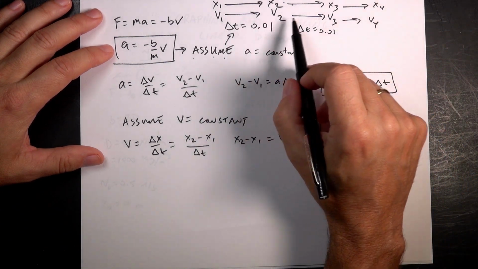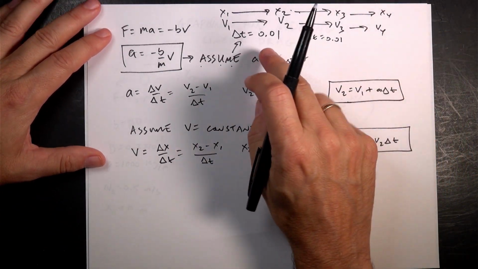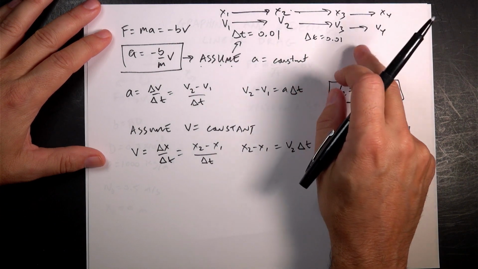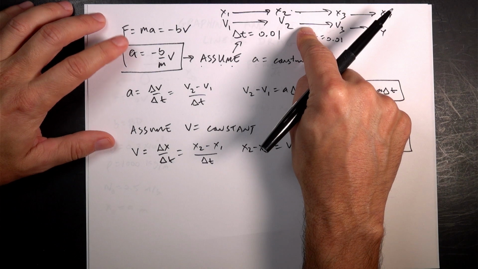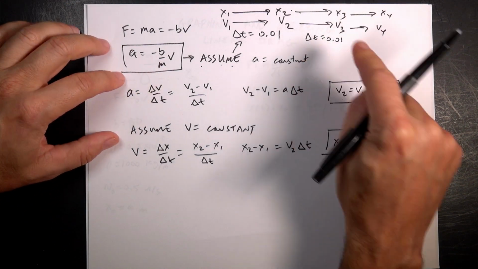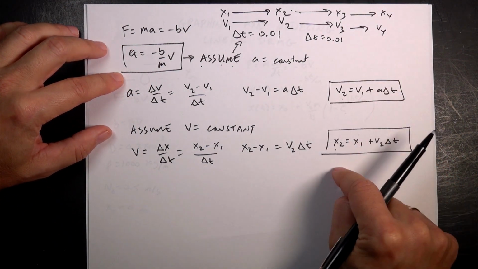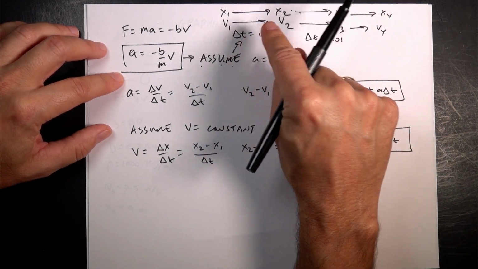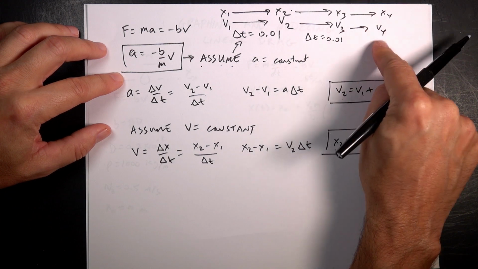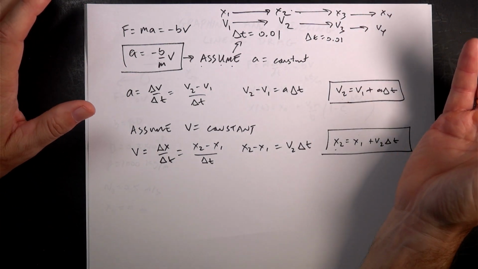And so if I did those calculations, that's not too hard, but it'd be 1, 2, 3 sets of calculations. I have to do all these things. Every time I get to the new interval, I need to recalculate the acceleration because the velocity changed, and then use that to update the velocity, use that to update the position. But you'll see here, I only have 0.01 at the end of this time interval, 0.02, 0.03. It only did 0.03 seconds worth of stuff.